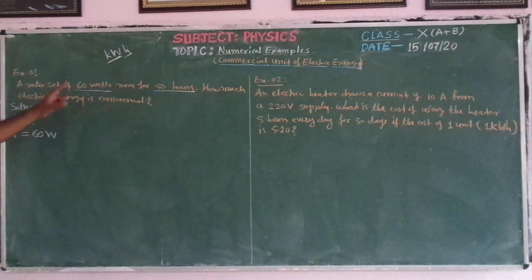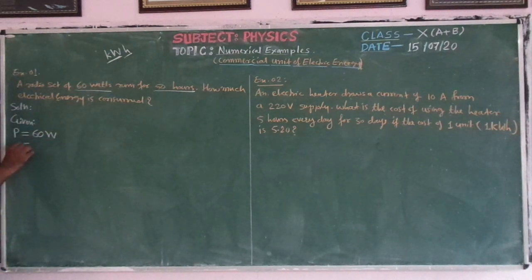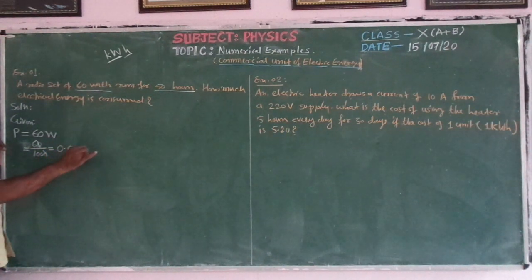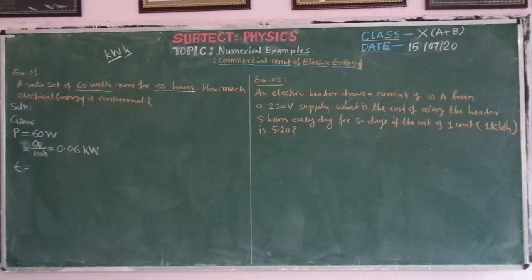But here, as per the example, the power is given as 60 watt. Therefore, first we have to convert it into kilowatt. How to convert? किलोवाट कन्वर्ट करने के लिए 1000 से डिवाइड करें, क्या हो जाएगा? ये हो जाएगा 60 divided by 1000, that is equal to 0.06 kW. अब ये वैल्यू दे रहा है kW. ठीक है. नेक्स्ट, टाइम इज गिवन. हाउ मच?